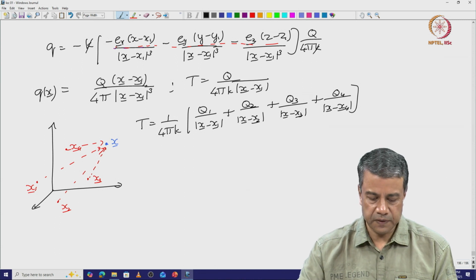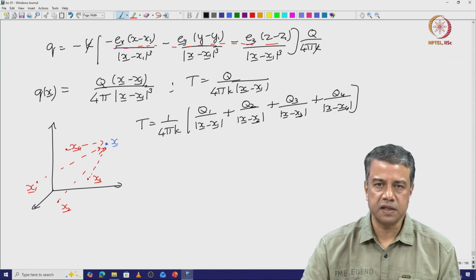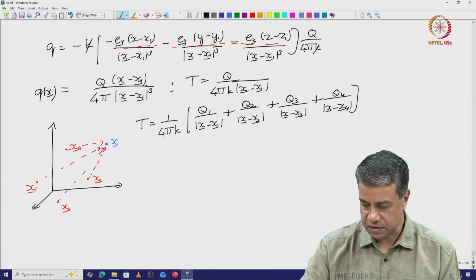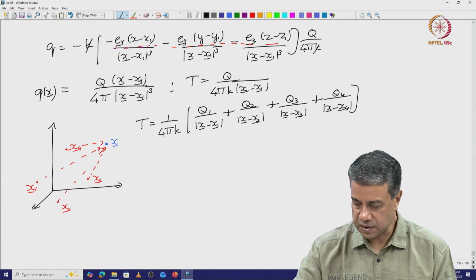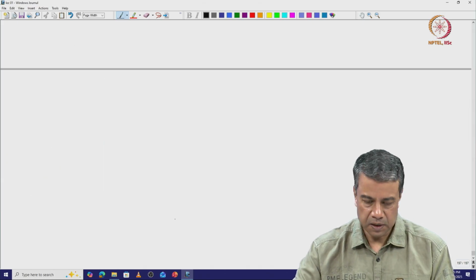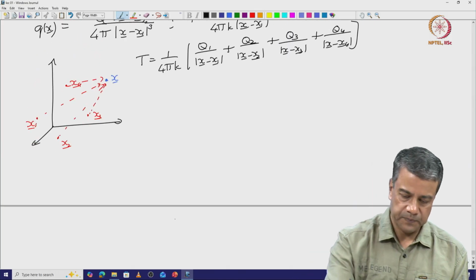So, that is the temperature field due to multiple sources. A similar expression can be derived for the heat flux due to multiple sources by just adding up the heat flux due to each individual source.